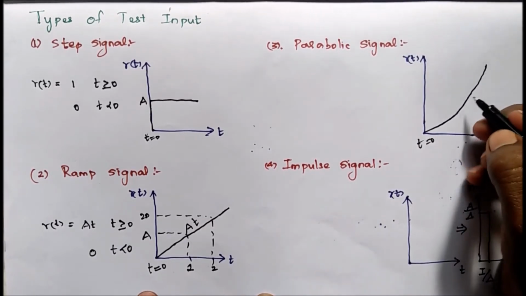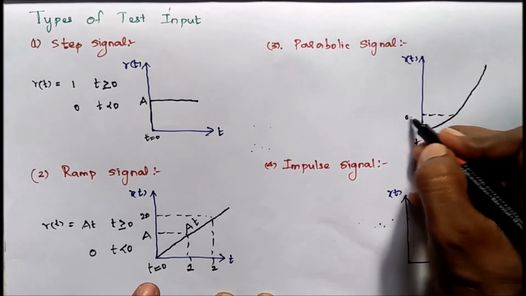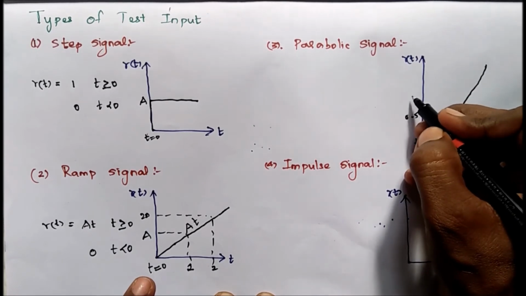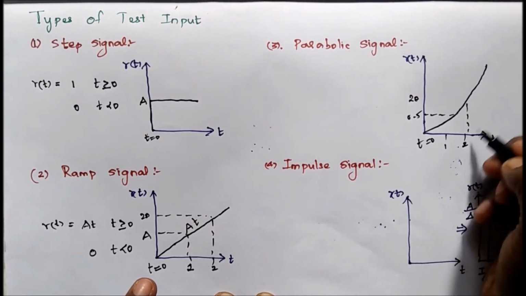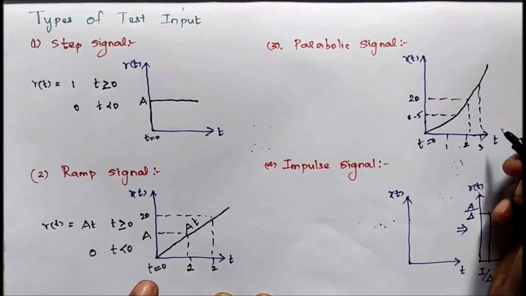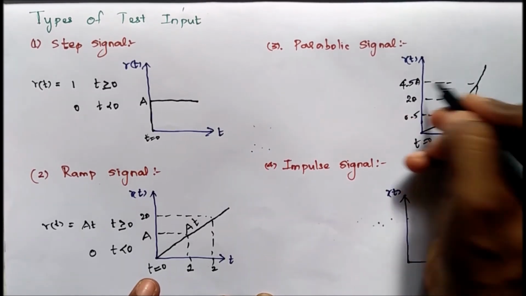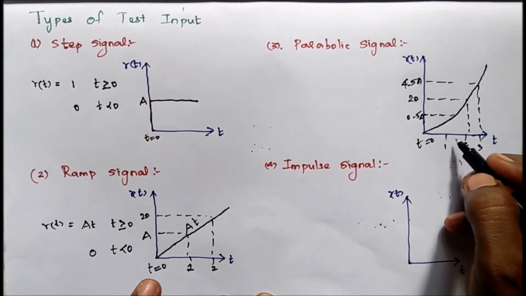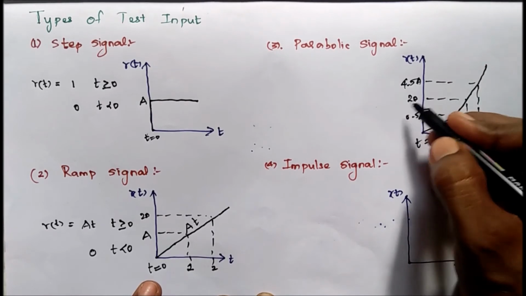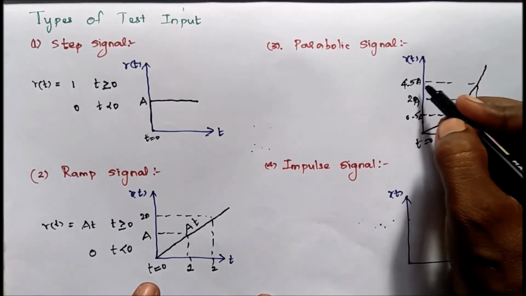If t equal to 1, the magnitude is 0.5A. If t equal to 2, the magnitude of the signal is 2A. If t equal to 3, the magnitude of the signal is 4.5A.